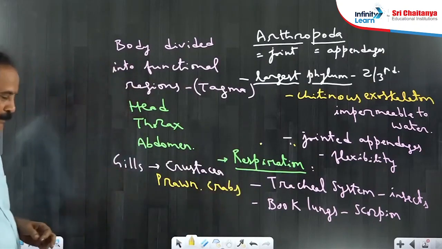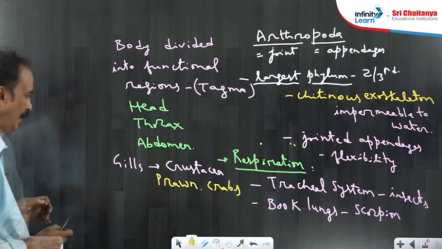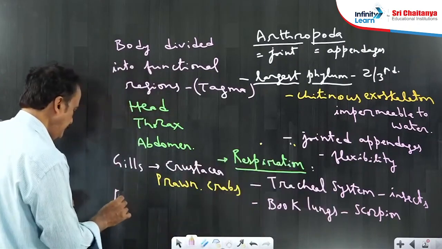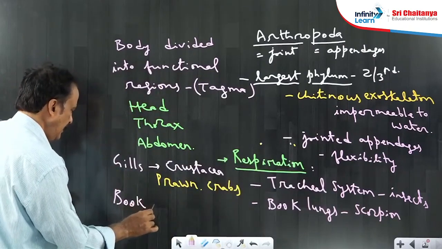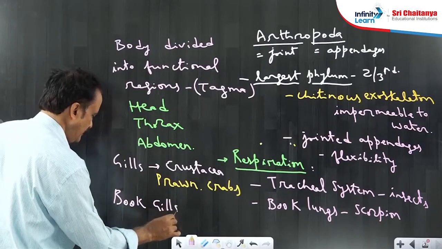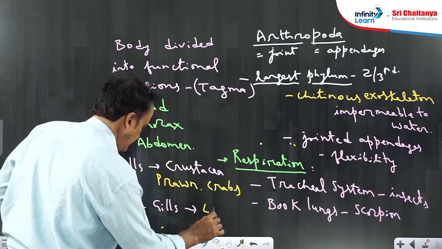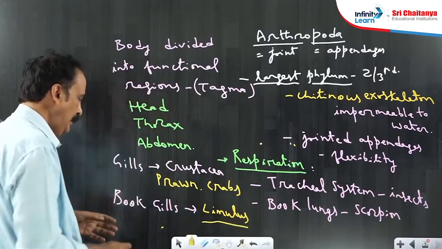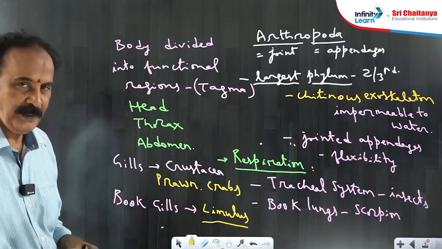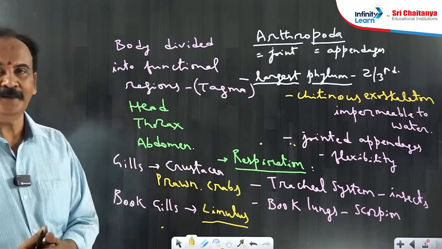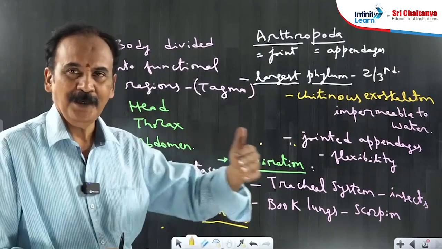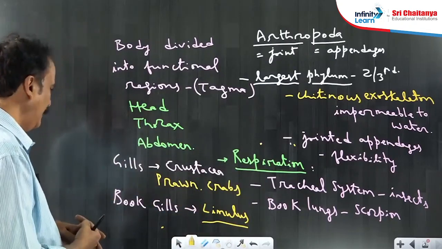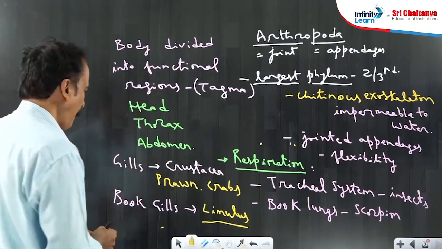They all have gills as the respiratory structure, and book gills are the respiratory structures in case of limulus. The animal is also named as the horseshoe crab or the king crab. This is also an example for living fossil. That's about the specialty in respiration.